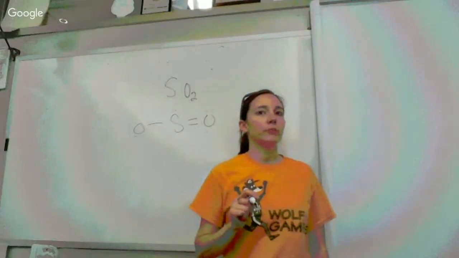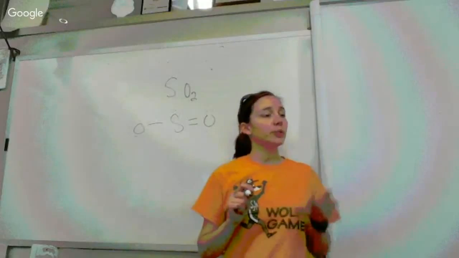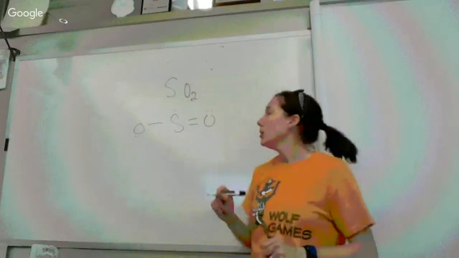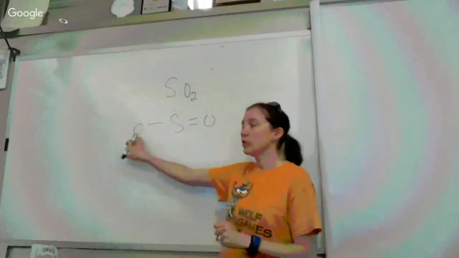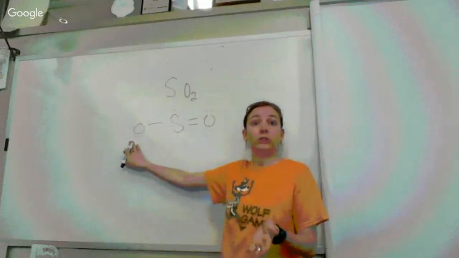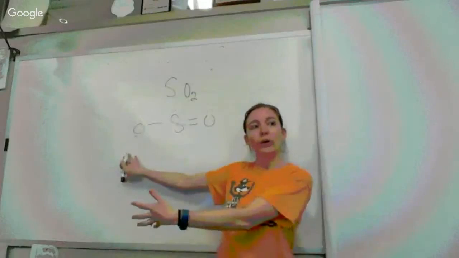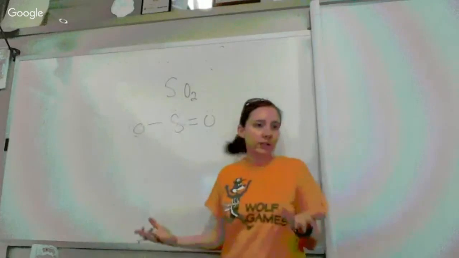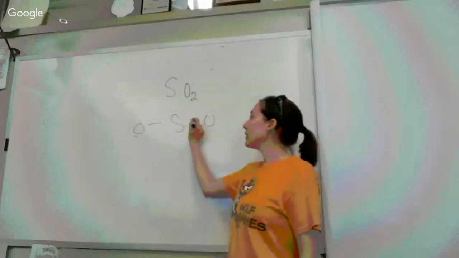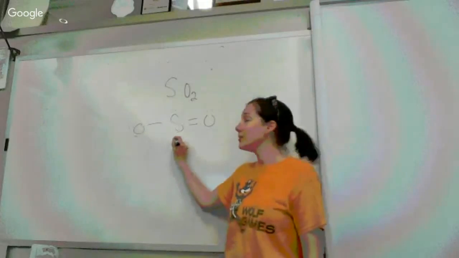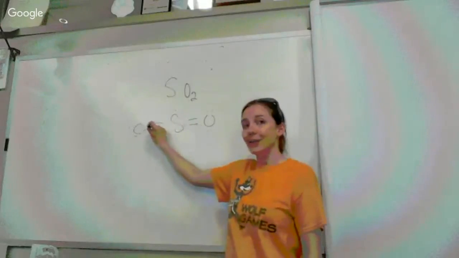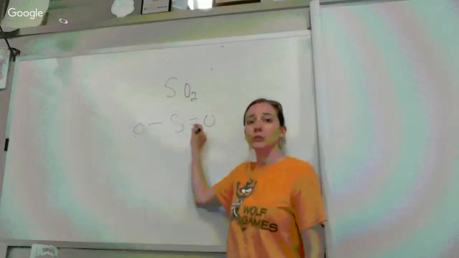so far so good. This is something that would participate in resonance, because there is nothing about this oxygen that's different than this oxygen. So having a double bond on this one instead of that one doesn't really make sense as far as chemistry goes. What this molecule actually does is resonate the double bond between the two sides.